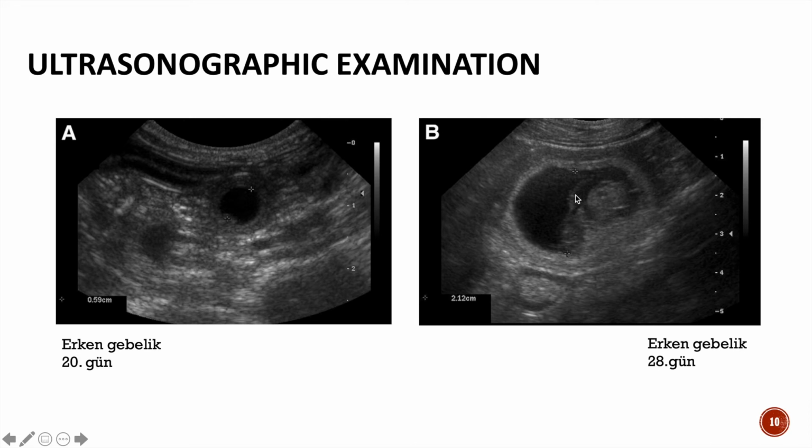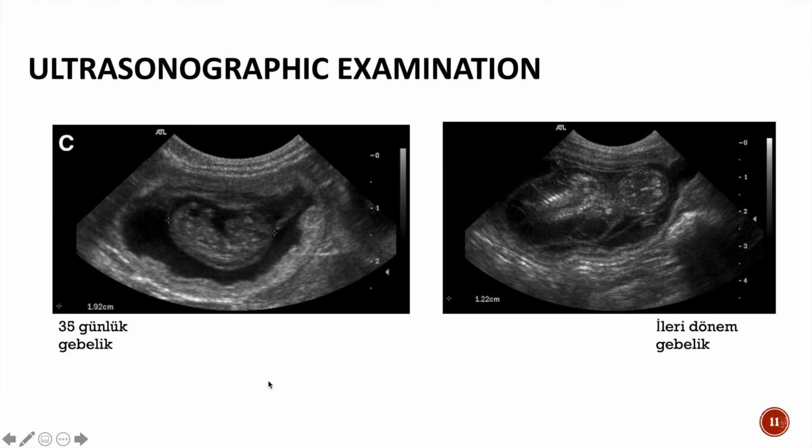You can determine the baby's body, head, and the umbilical cord. On the 35th day, you can determine the head, the limbs, the body, and the umbilical cord again.